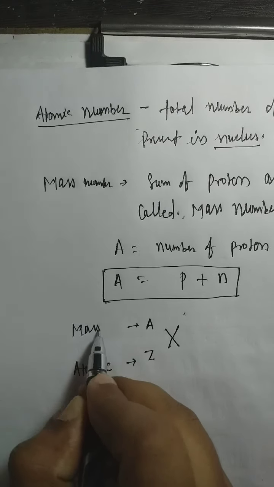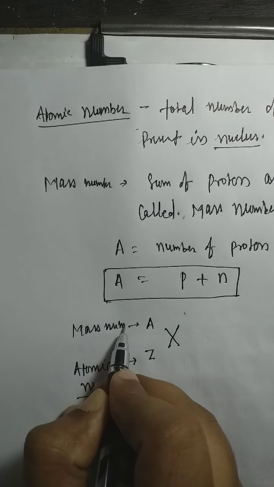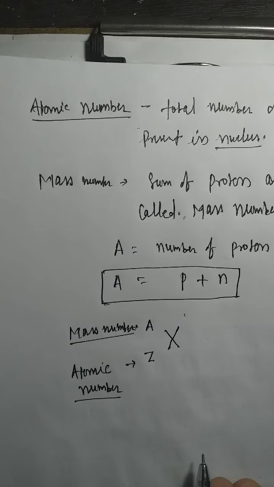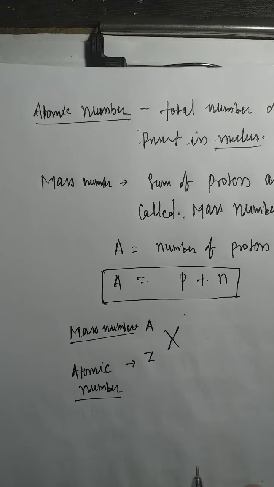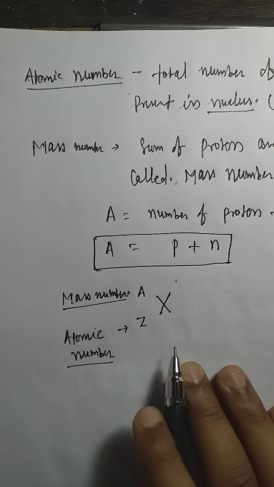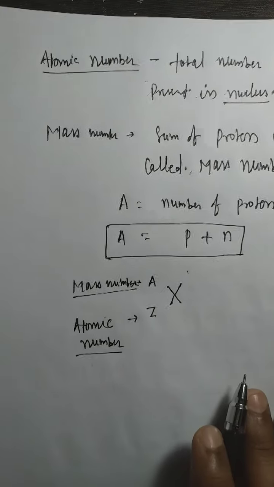So this is the general idea of how it is projected in the periodic classification, and according to that you can identify how many electrons, protons and neutrons are present.